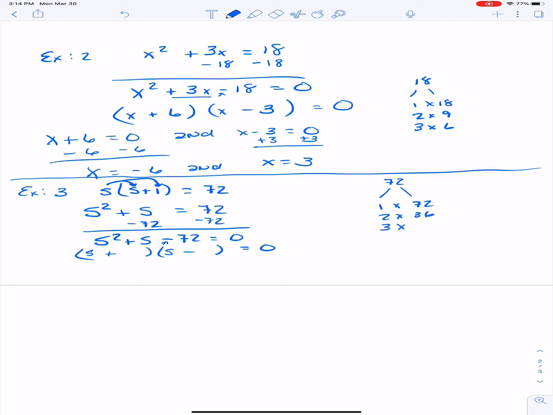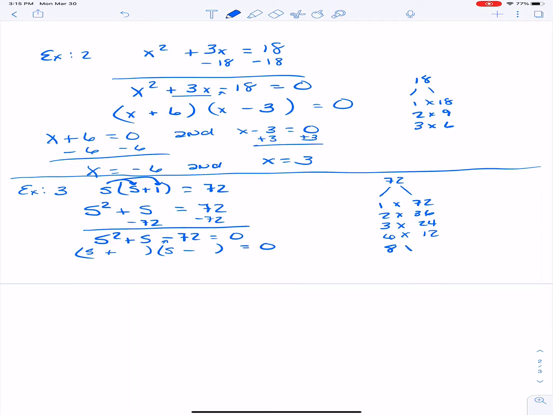3 times 24, 4 won't divide into it, 5 doesn't, 6 times 12, 7, nope, 8 times 9, and that's going to be all of them.